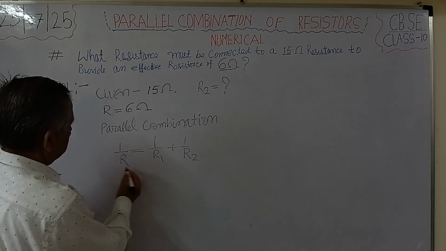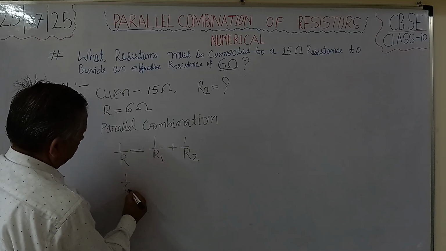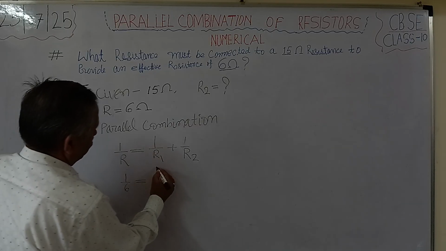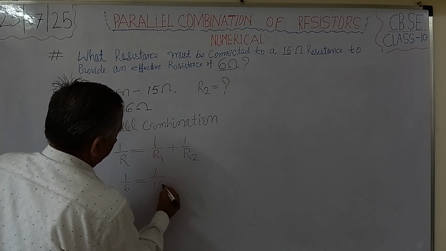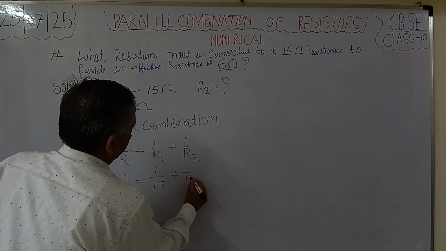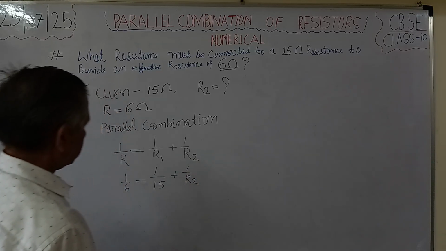Now this R is 6 ohm, that is 1 by 6 equals 1 by R1, which is 1 by 15 ohm, plus 1 by R2. Now we have to find out the value of R2.